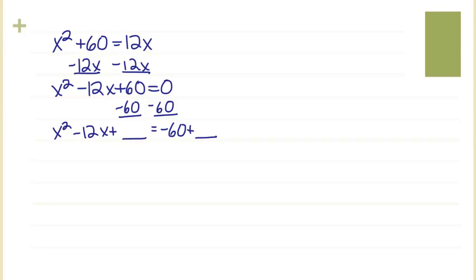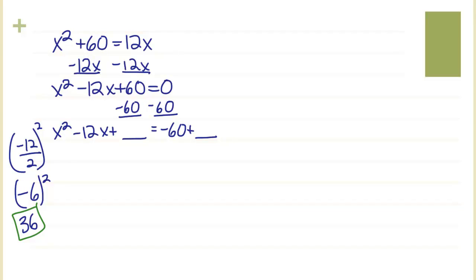I have to put it on the other side to balance it out. So we're going to get our new c, b over 2 squared, negative 6 squared, which is 36. So this number here is what's going to get added to both sides.